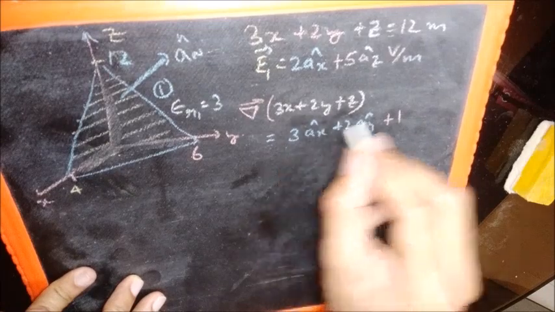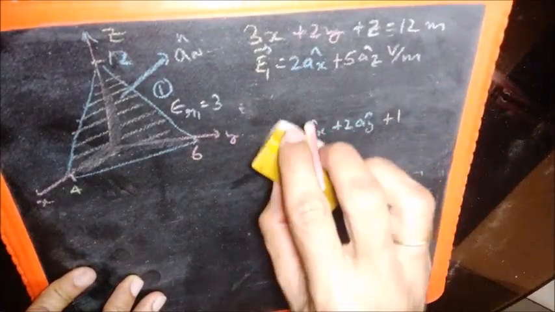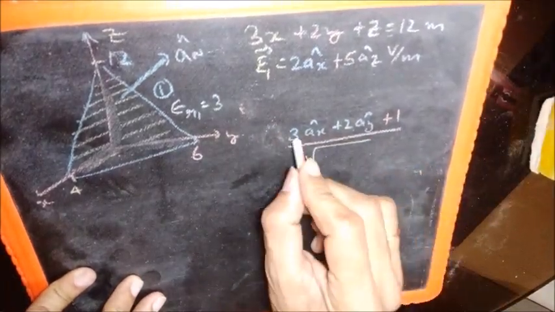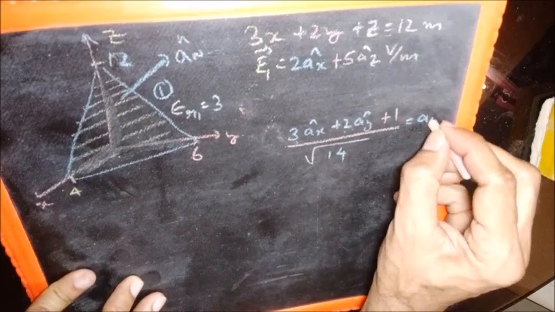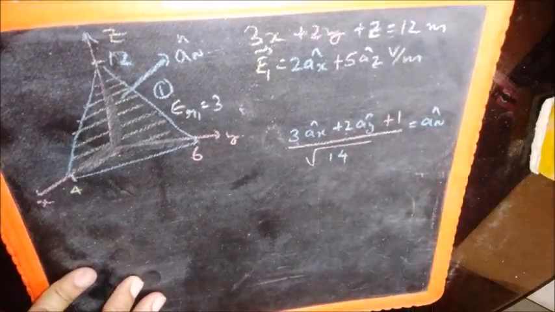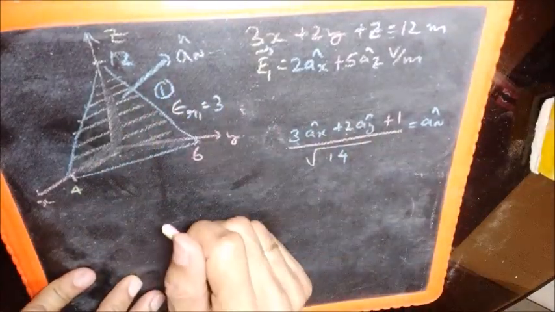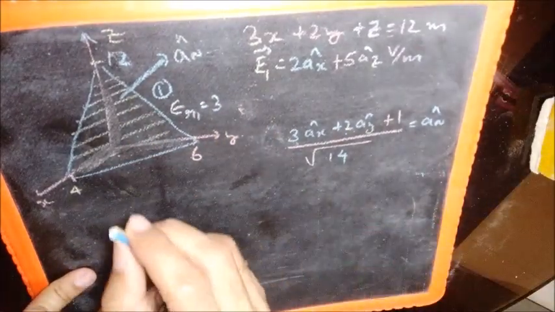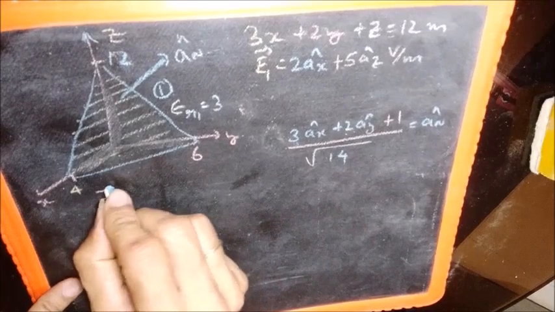And when I normalize this gradient, I divide by the square root of 9 plus 4, 13 plus 1, 14. So this is the normal to the interface, a n cap. And once we have the normal to the interface, we do this.